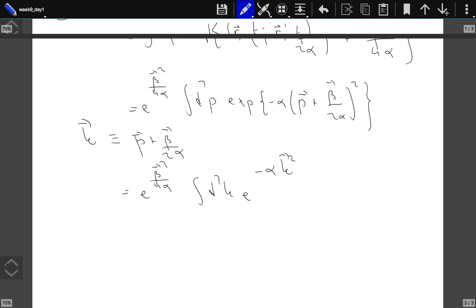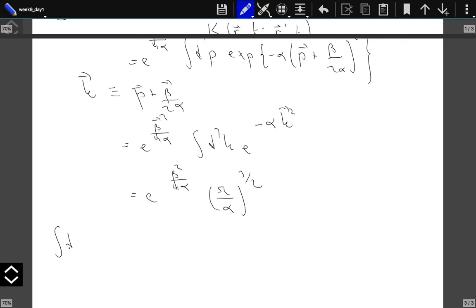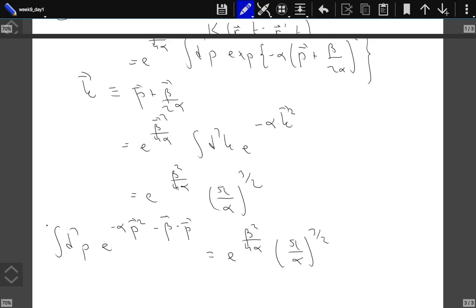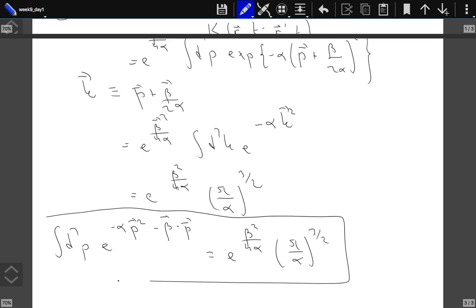But now I already know the result of that integral, pi over alpha to the power 3 halves. So basically my final result is that the three-dimensional integral of e to the power minus alpha p squared minus beta dot p is just e to the power beta squared over 4 alpha, times pi over alpha to the power 3 halves. This is my final result.